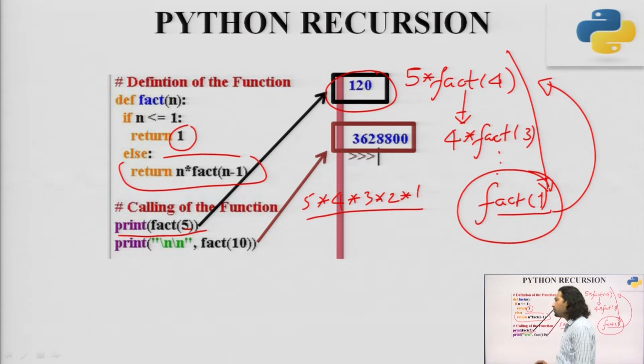Now you can see this represents the factorial of 5. So you will get the answer as 120. Similarly, if the number is changed from 5 to 10, you can see the factorial value is totally changed, because right now we are going for the factorial of 10, not 5.